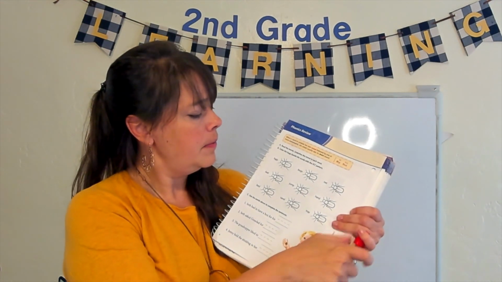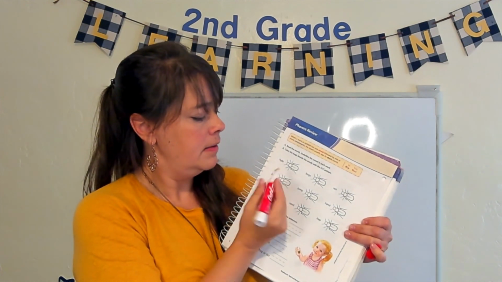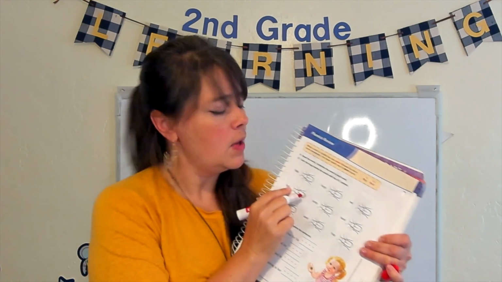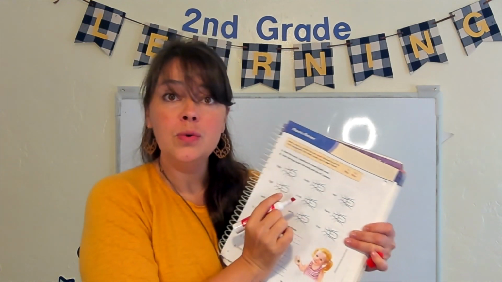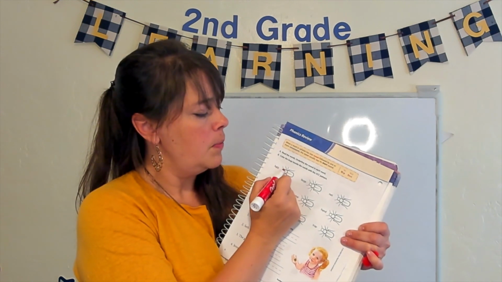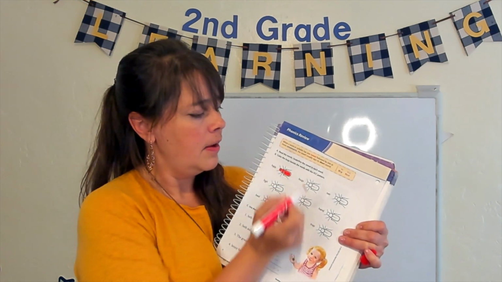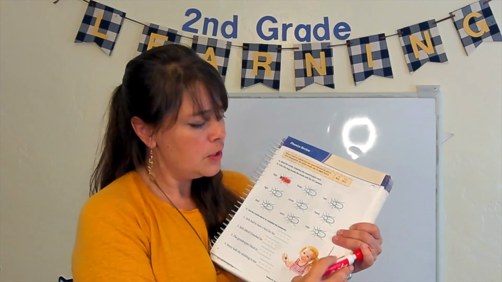So if they only have one consonant, like bad, the A is the vowel. And how many consonants come after the A? Only one, so we're not going to color that. But help, the very first one, H-E-L-P. That's 2 consonants following the vowel. So we'll color this bug. Okay? So you're going to do that.